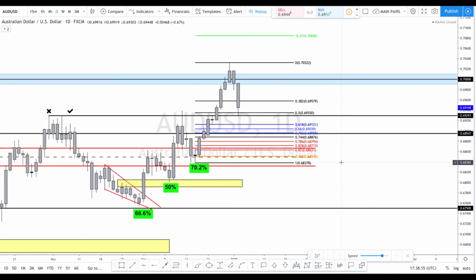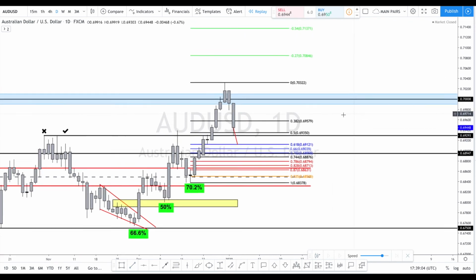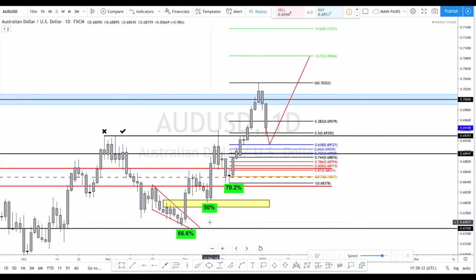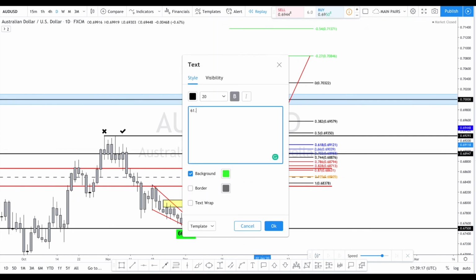Mathematically, we should now see a pullback to 62.2. The closest we have to that is 61.8. So mathematically, 61.8 is the average pullback we're going to have. And then we should see price create another higher high in alignment with this overall trend.